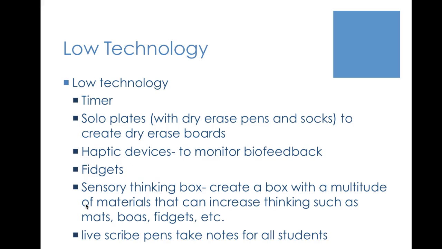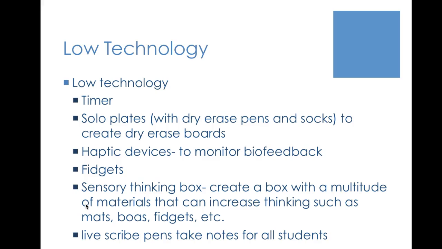Here's some low tech. Say you don't have any internet access at your school site, then some of the things you can do is buy a timer. You can get them on Amazon very easily. You can use solo plates with dry erase pens and socks to create dry erase boards. You can have haptic devices. Those are a little bit more difficult to get, but it is a possibility.